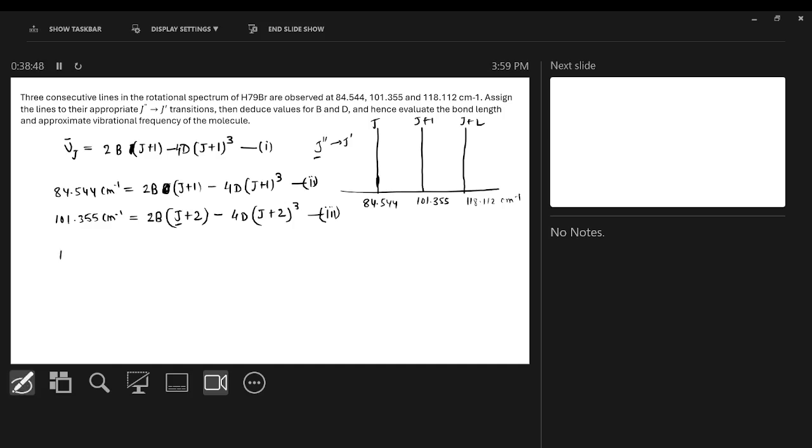And the fourth one, 118.112 centimeter inverse, is nothing but 2B (J plus 3) minus 4D (J plus 3) cube. I will call this equation 4.